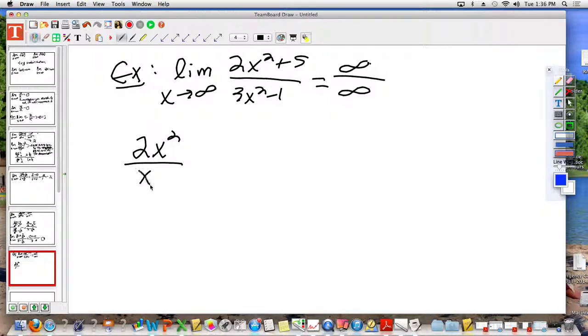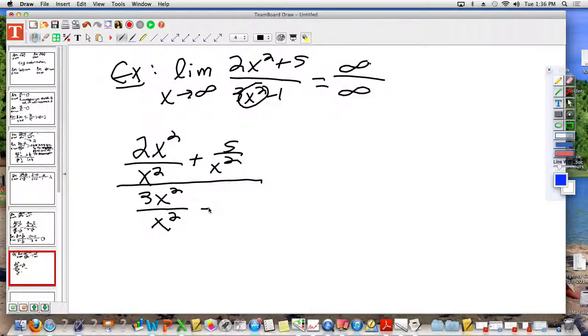So I'm going to divide everything by the largest degree on the bottom, which is an x squared. So I have 2x squared divided by x squared plus 5 over x squared, divided by, on the bottom, 3x squared divided by x squared minus 1 over x squared.